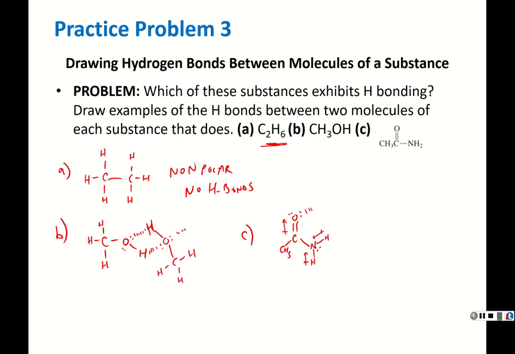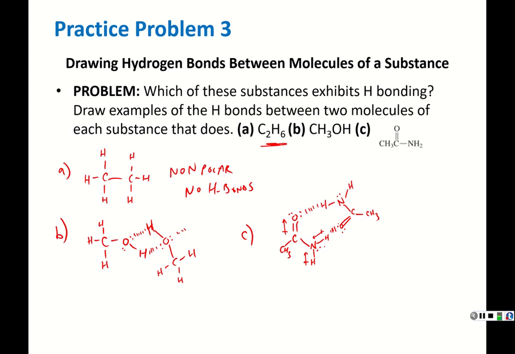These lone pairs on this oxygen can interact with a hydrogen that's connected to a nitrogen on another molecule, and a lone pair on that oxygen can interact with that hydrogen.